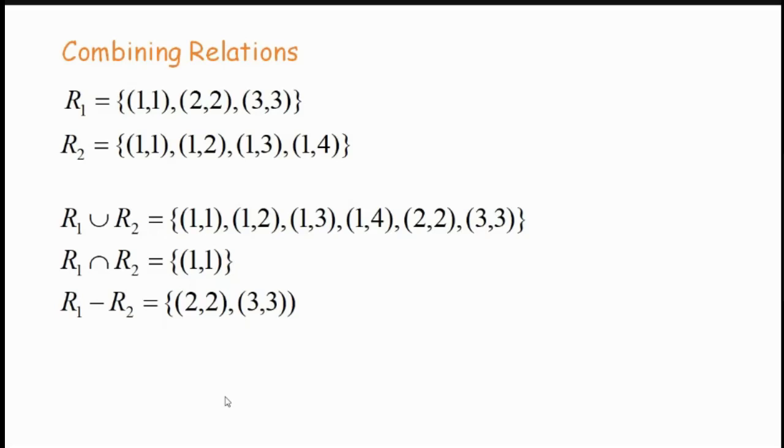Then R1 union R2 combines both sets. R1 intersection R2 means picking the common pairs available in R1 and R2. R1 minus R2 means picking the pairs present in R1 and not in R2.